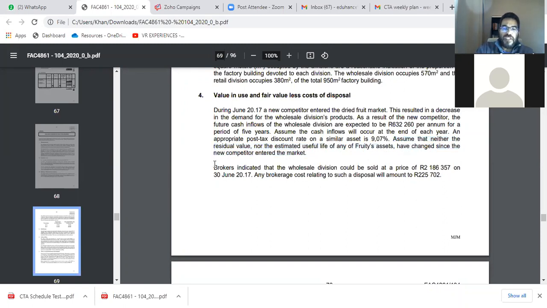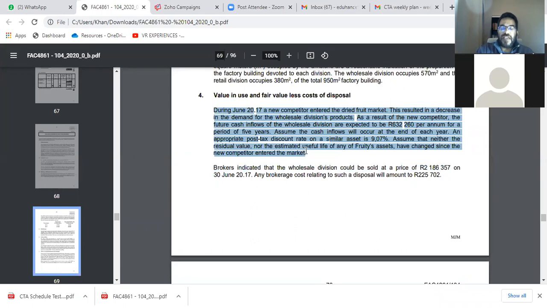Here they're telling you brokers indicated that the wholesale division could be sold at a price of 2 million on 30th June 2017. Any brokerage costs relating to such a disposal will amount to 2225. So as you can see, this is basically your fair value less cost of disposal for the wholesale division, and this other information is going to be the value in use.